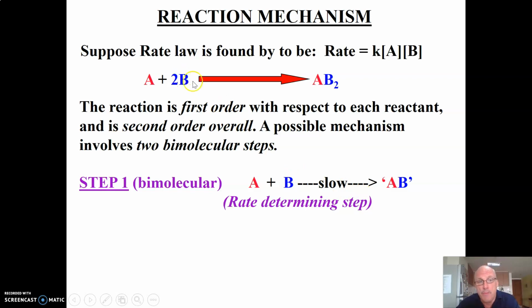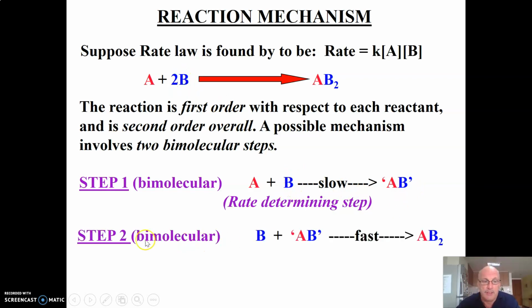Now, you can see there are 2 B's here, but I've only used 1 B so far. So the proposal is, in the second step, which is also bimolecular, this AB intermediate bumps into another B in a fast reaction, and you get the final product. Now you can see if I cancel out the intermediate, I'm getting the overall equation. So I have satisfied the balanced equation.